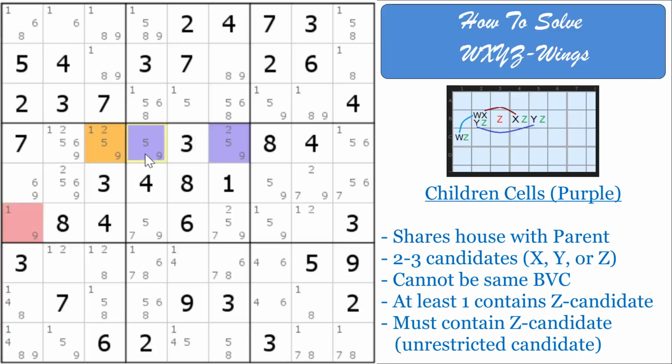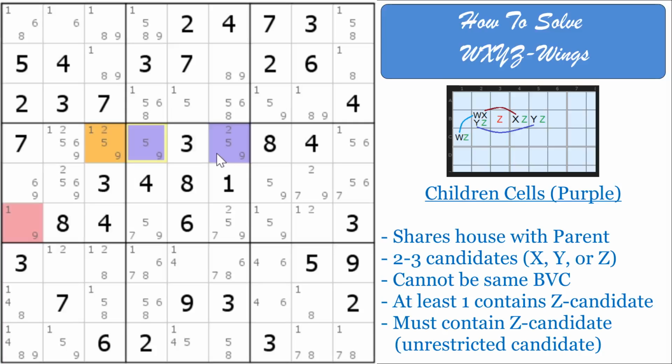Like if this is a 5-9, and that was a 5-9, this wouldn't work. So, since it's a 5-9 and a 2-5-9, the key here is that this contains a 5, and this contains a 2, that will help make our eliminations work. But basically, you can have 2 to 3 candidates in each of these children cells. And I'm being a little general in some of this, as specific as I can, because you're going to see in all my examples, it looks different every time.